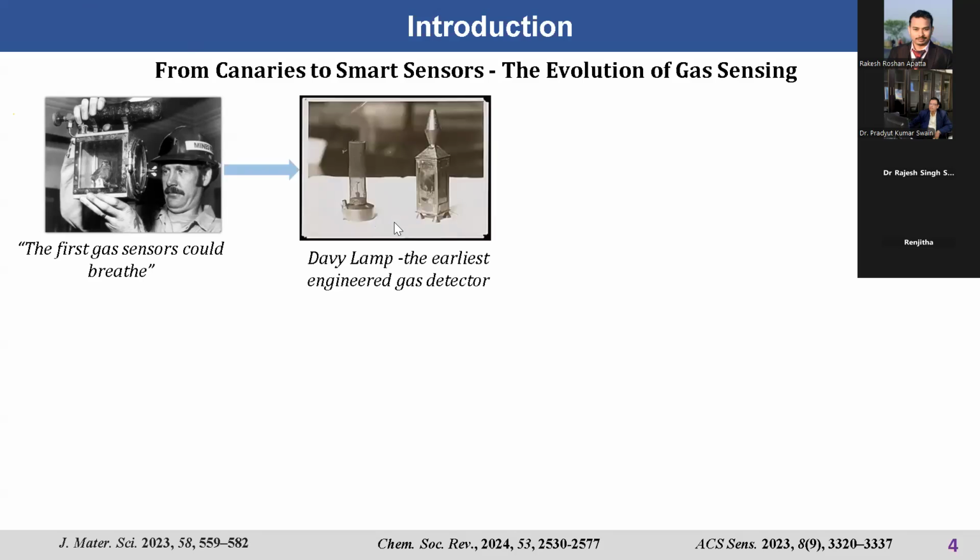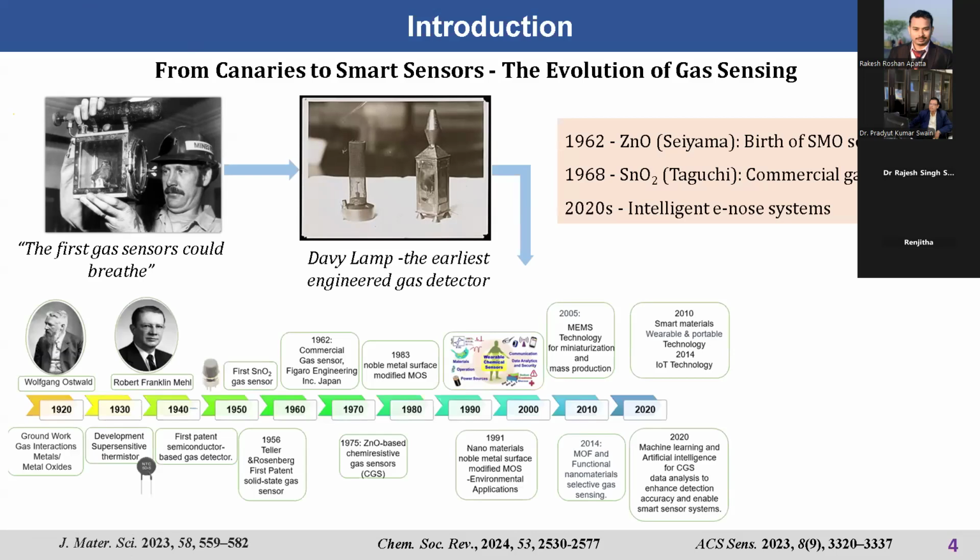Then people used the Davy lamp, where the light intensity varies as the oxygen concentration changes. That is how it was used in the beginning. Then in the 1920s, experimental gas sensors started appearing.